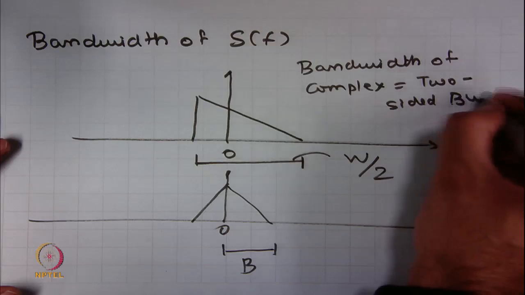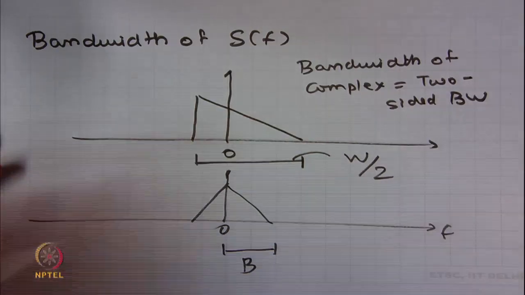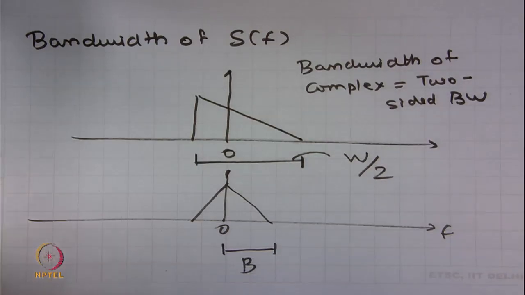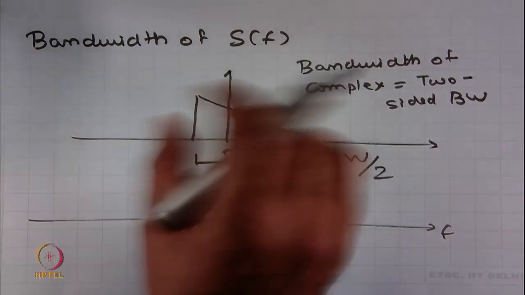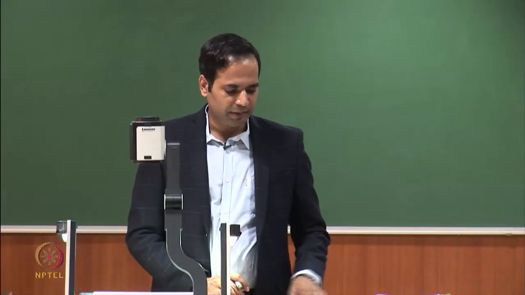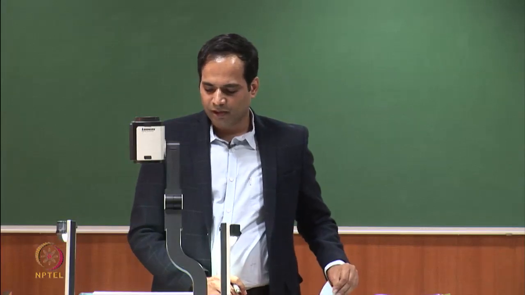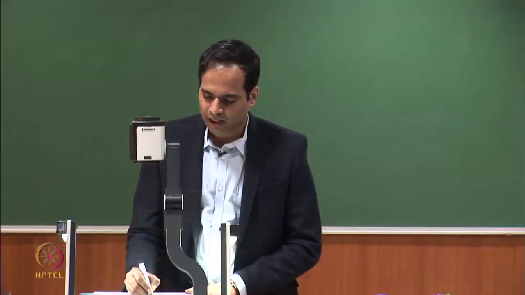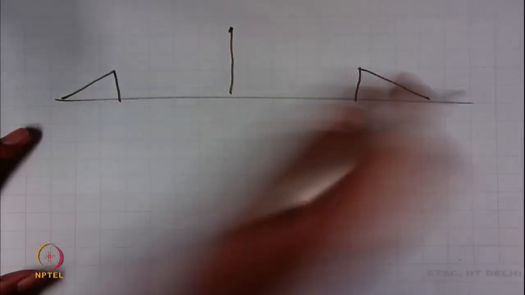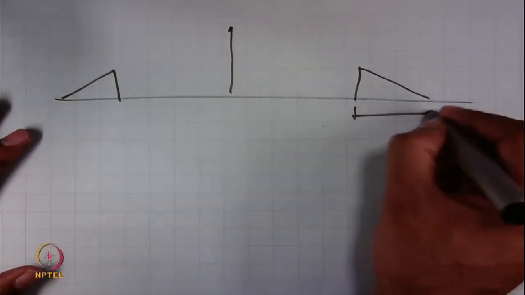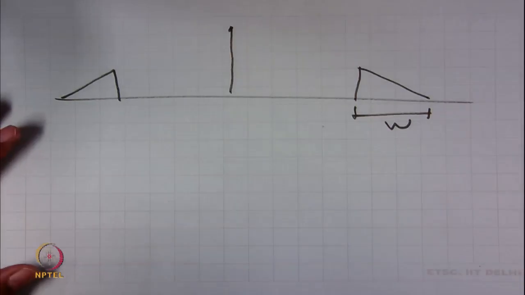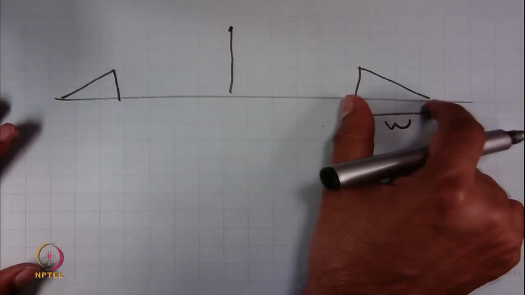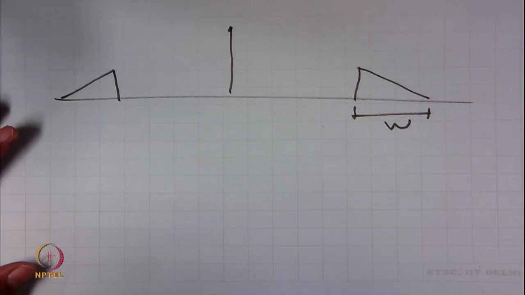and the idea is very simple. This complex signal does not exist in reality, this is just an analytical signal, and this signal corresponds to a real passband signal, is it not? So, this signal actually corresponds to a passband signal which has the spectrum like this, and the bandwidth of this passband signal is the complete range of this triangle.